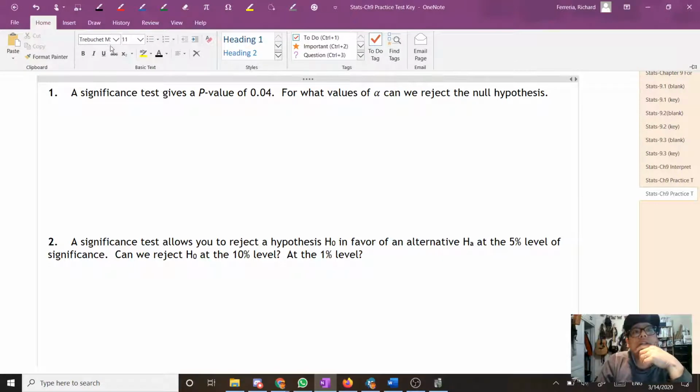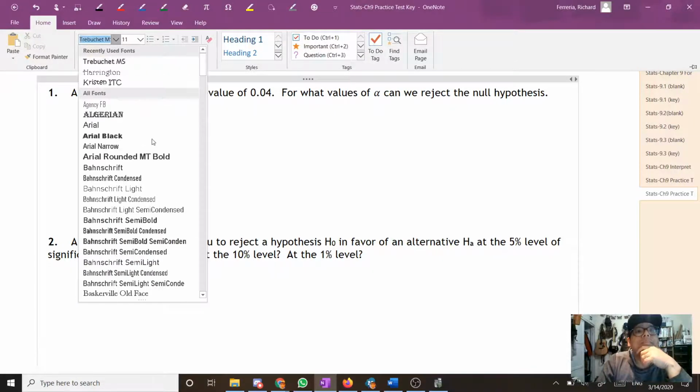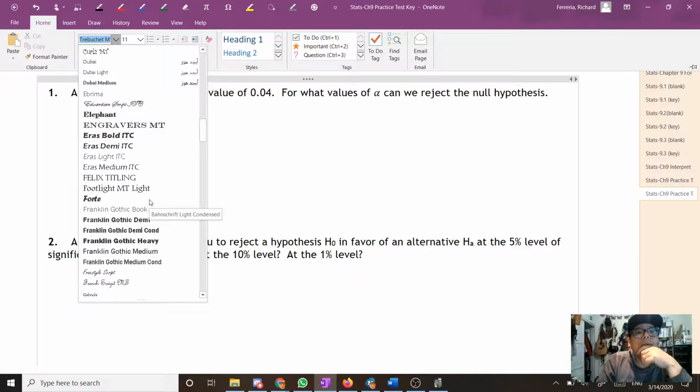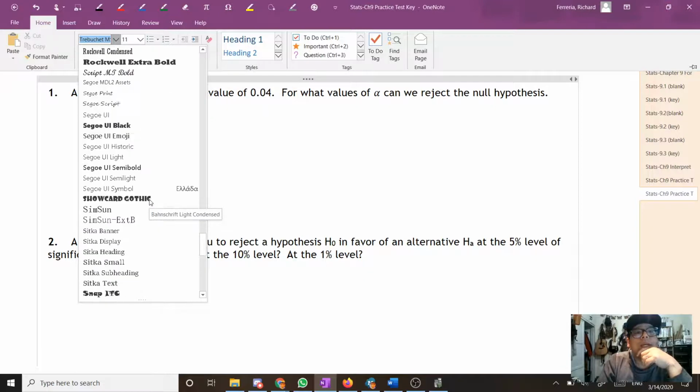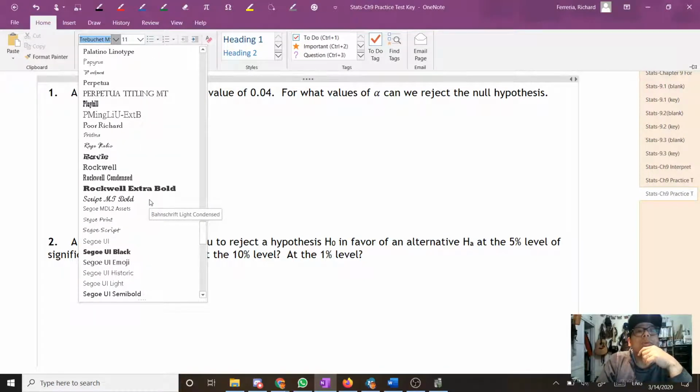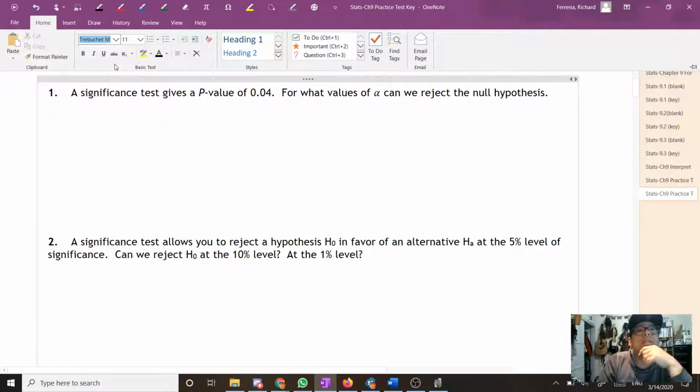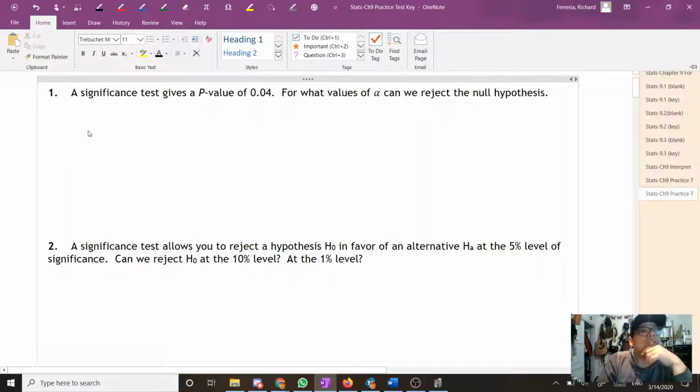What fun font should we pick today? Mrs. Ferreira likes it when we use Papyrus because she can't stand that font. So we're going to use Papyrus. Oh, why won't you work?